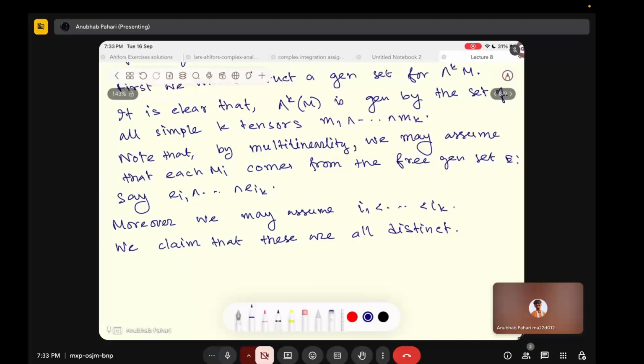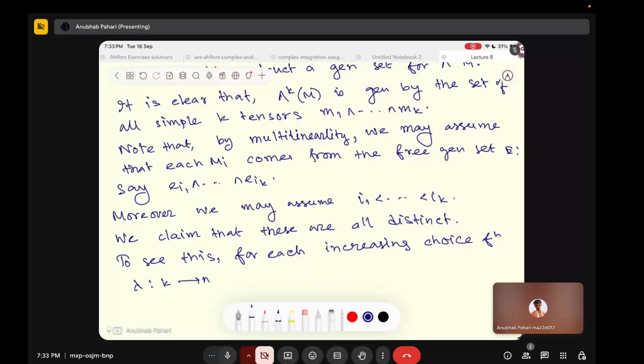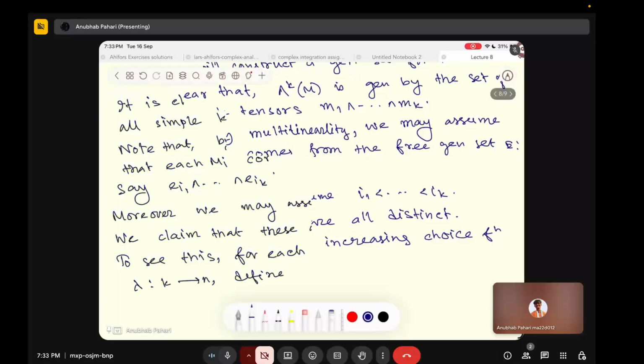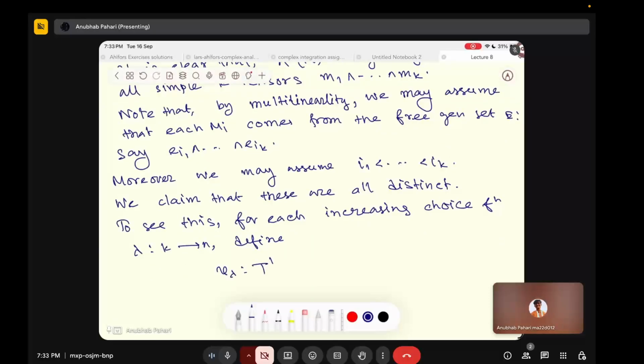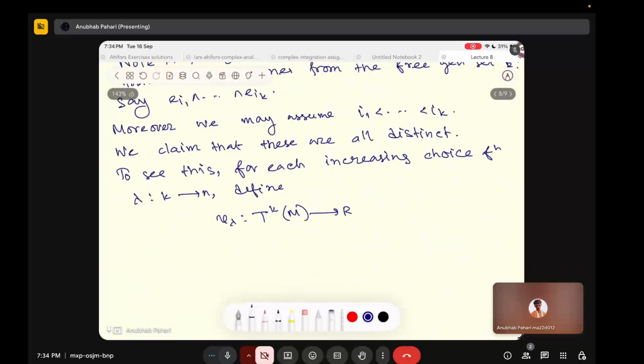To see this, for each increasing choice function lambda going from k to n, define phi lambda from the tensor power of M to R. So say this is my tensor power.